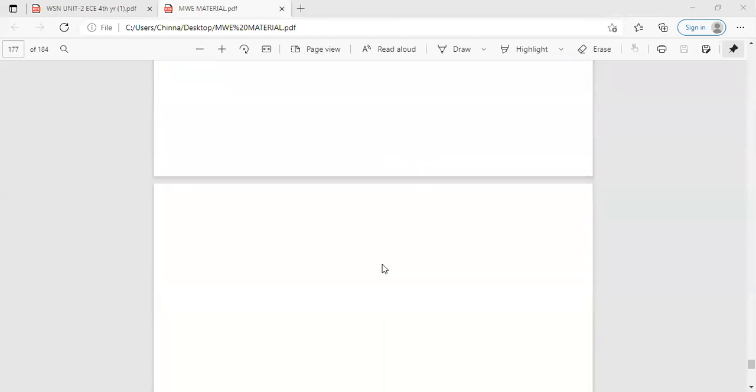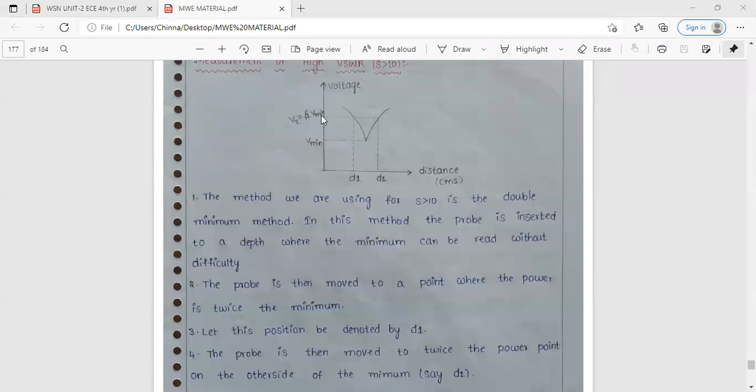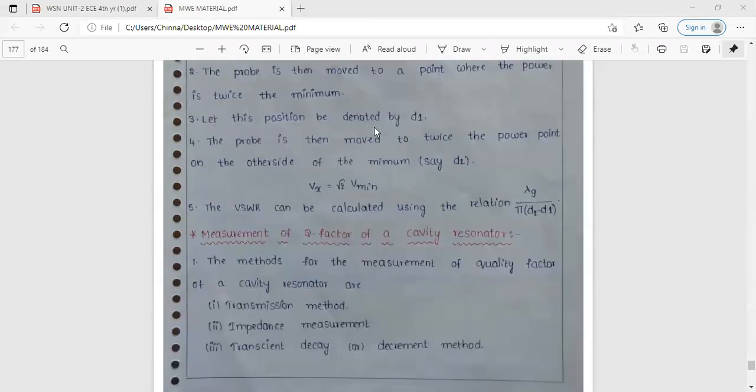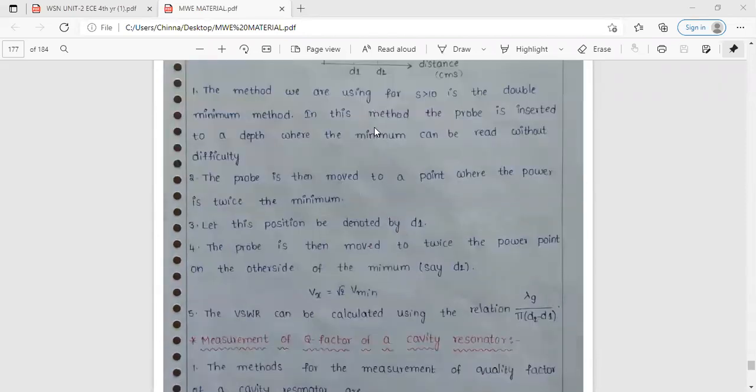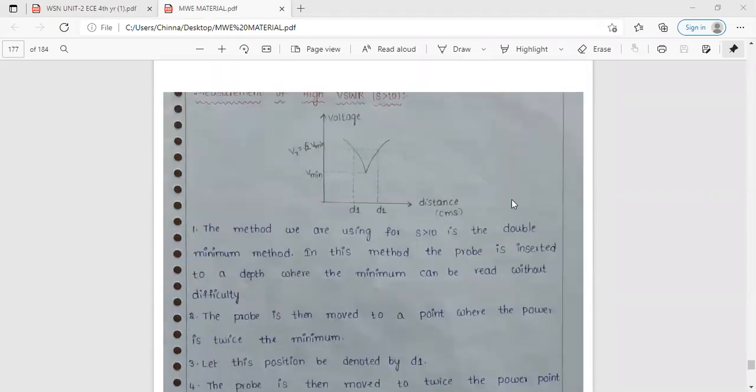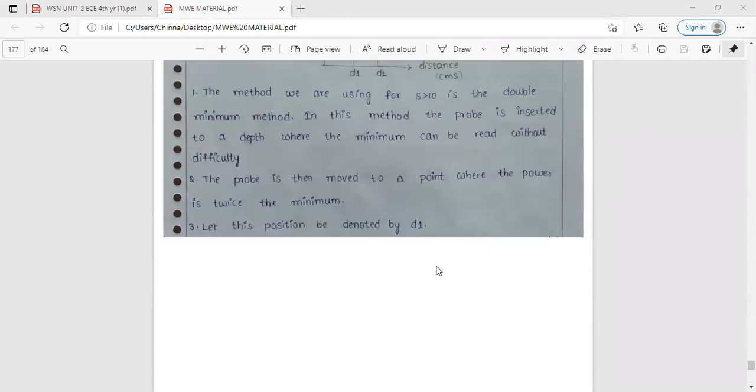Like that here also we are considering the two maximum values of the V maximum. And this is the high VSWR value. So for high VSWR, it is lambda g by pi into d2 minus d1. This is a practical representation. Practically you will see how the high VSWR measurement takes place.